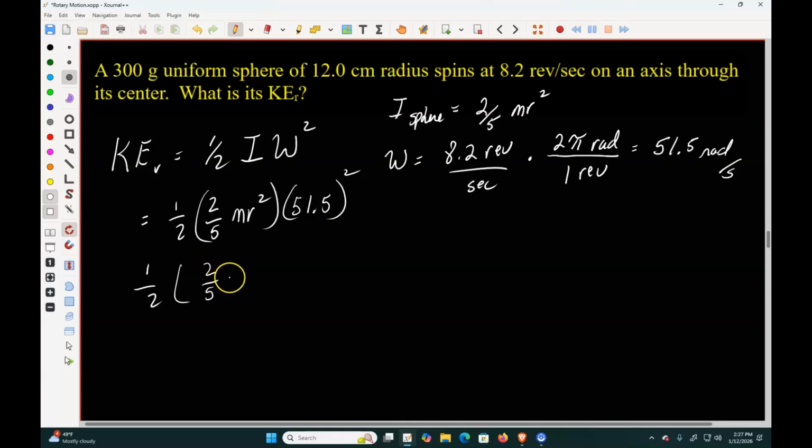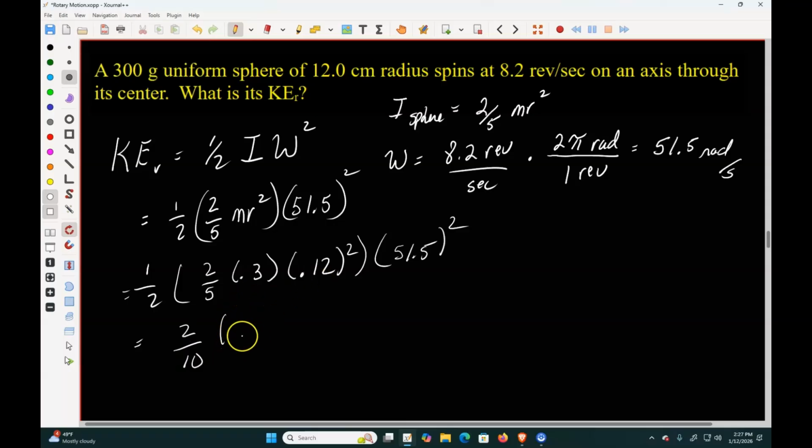Okay, the mass is 0.3 kilograms. The radius is 0.12 meters squared, times 51.5 squared. So this would be 2/10.